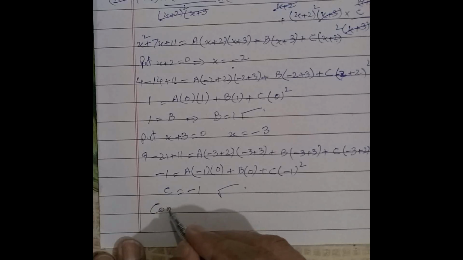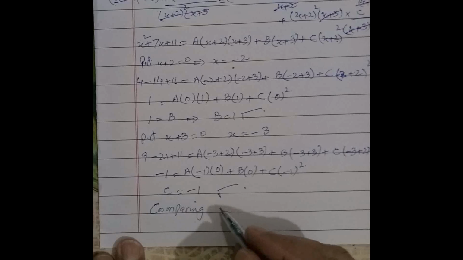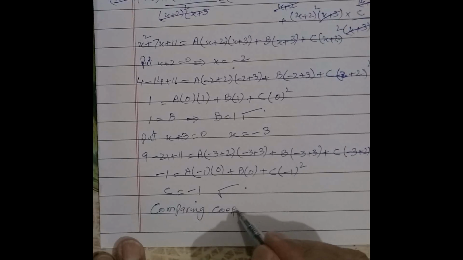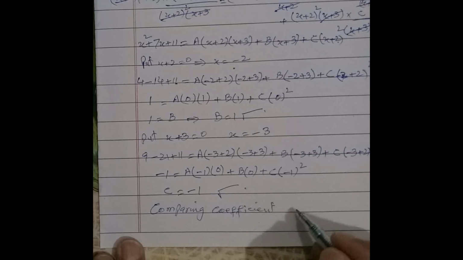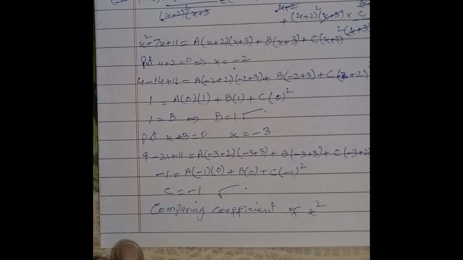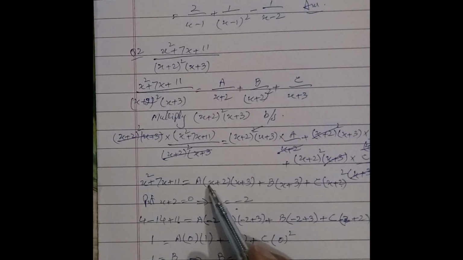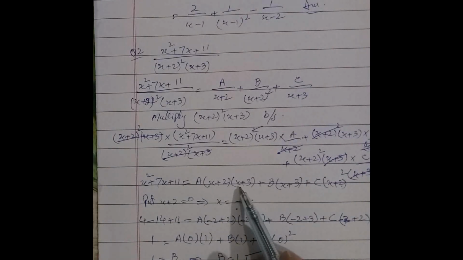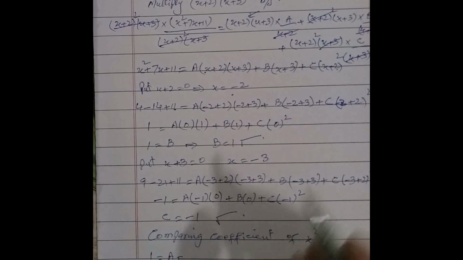Now comparing the coefficient of x square, which is 1, is equal to this: x multiplied by x gives x square and its coefficient is a, so it is equal to a.